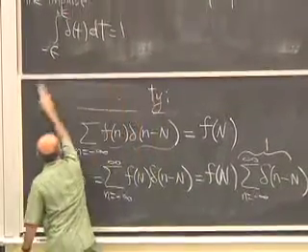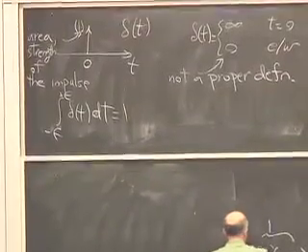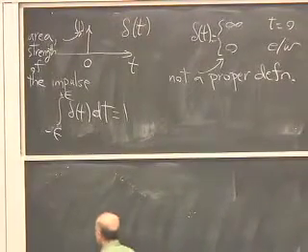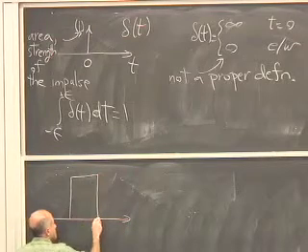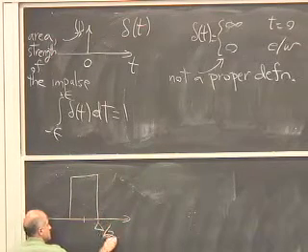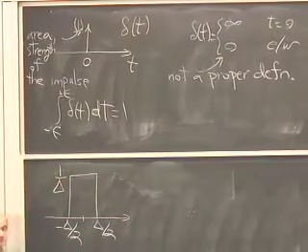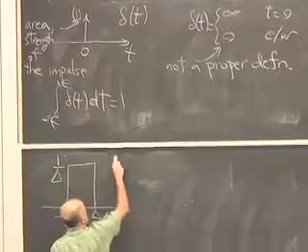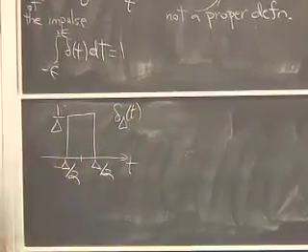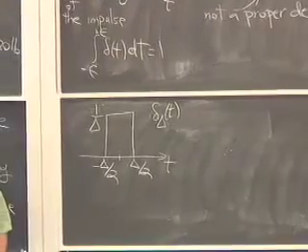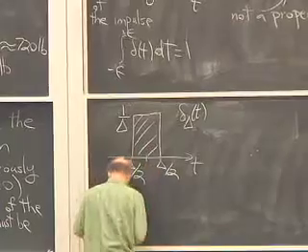as the limiting function of a variety of other signals that we can define more nicely. Suppose I have the following pulse. I have a pulse that goes from minus delta over 2 to delta over 2, and its height is 1 over delta. I call this delta sub capital delta of t. What's the area under this curve? 1. You get unit area.